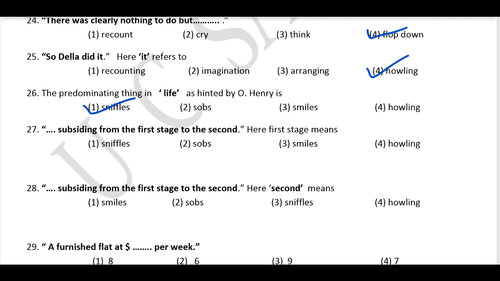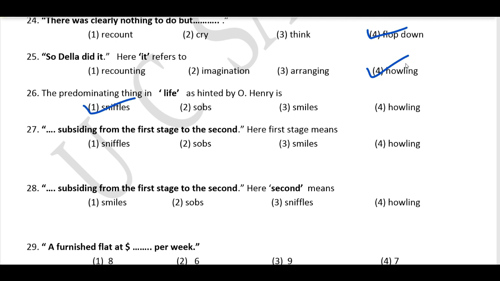Then 27. Let's see. Succeeding from the first stage to the second. So the 3 stages are sobs, sniffles and smiles. Clear? So the first is sobs, and second is sniffles, and third is smiles.